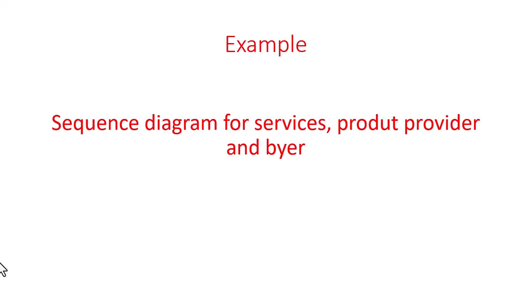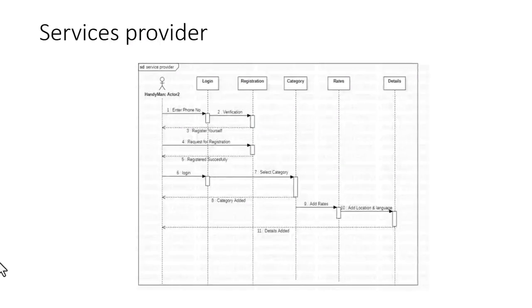So now see the sequence diagram. This is the login: enter phone number, then the phone number is verified. The service providers are those persons who provide their services, and buyers are those who buy the services; product provider and product buyer also work in a similar way. So this is the back message: register yourself.